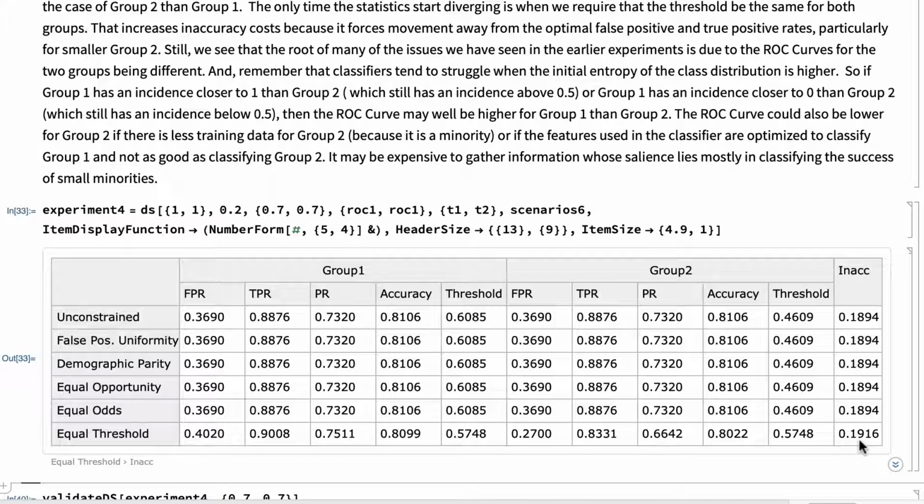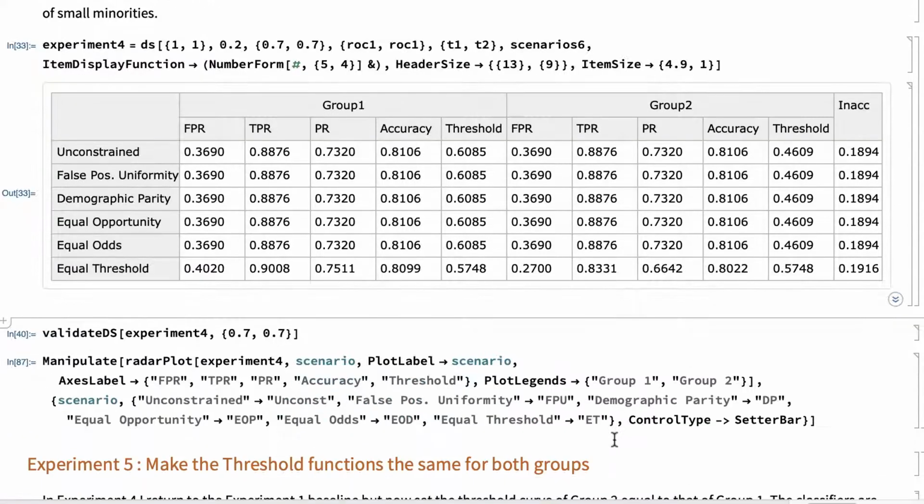The first is that now we actually have driven up inaccuracy costs by requiring the threshold to be the same, even though the relationship between threshold and false positive rate is different, and that's cascaded into now we're back into the realm of discrimination, where the false positive rate and true positive rate for group 1 are different than they are for group 2. But what we can see is that it's the lower ROC curve that's been responsible for an awful lot of what we've been seeing.